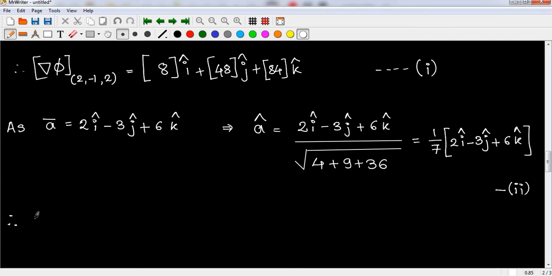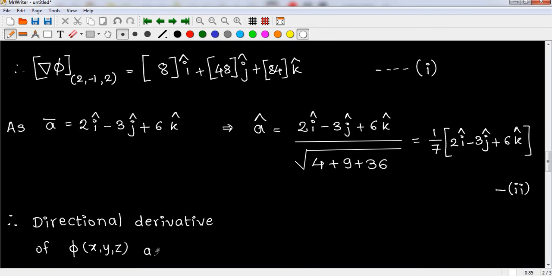Therefore, by using the formula, the directional derivative of the scalar function phi along the vector a bar is given by: we calculate the gradient at that point 2, minus 1, 2 and take the dot product with this unit vector a cap.